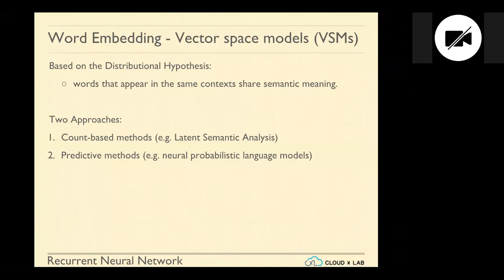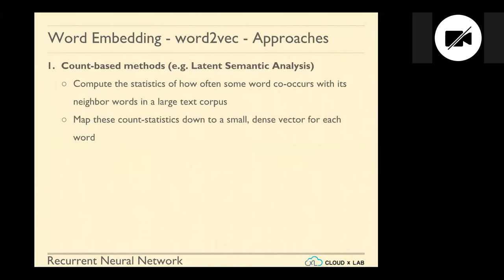Okay, so one approach was count based, in which we counted the frequency of words. The other one is neural network based. Count based was something like compute the statistics of how often some word co-occurs with its neighbors in the large text corpus, and map these count statistics down to a small dense vector for each of the words.